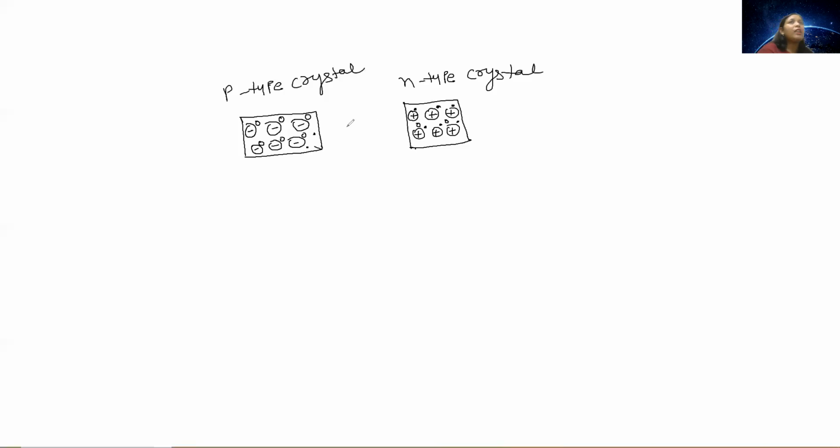But when we use junction formation processes, whether it is an alloyed junction or diffused junction or any other form of junction formation process, we get a p-n junction, and that p-n junction is nothing but the diode. So now we go to p-n junction. I'm going into the subject now.